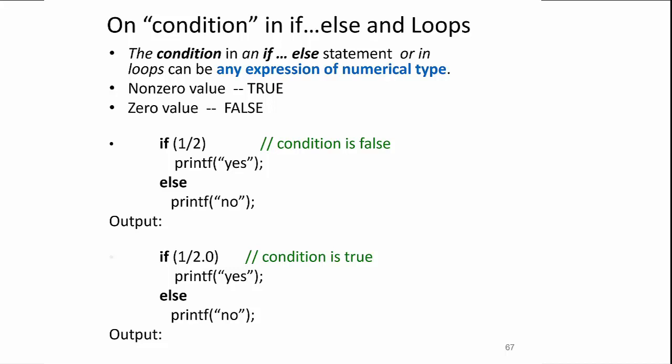So it gives you 0.5 in that case. 0.5 is not 0, right? So it evaluates to true, and in this case you will print yes. You see the difference? So now we mixed the integer division and non-integer division with how a Boolean expression evaluates to an int in C, and how you can put this inside an if condition.